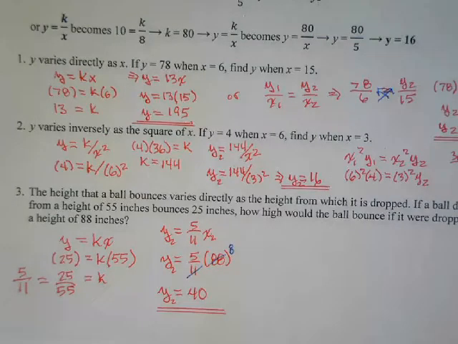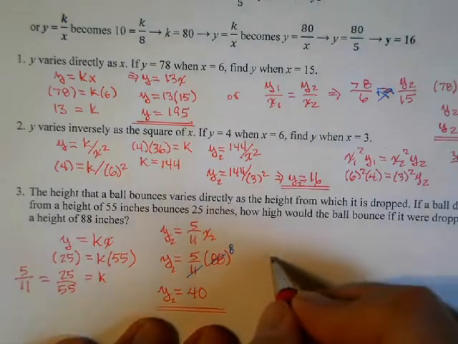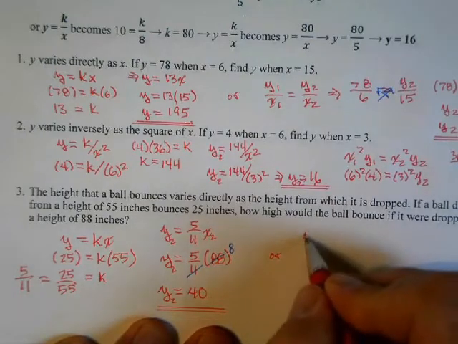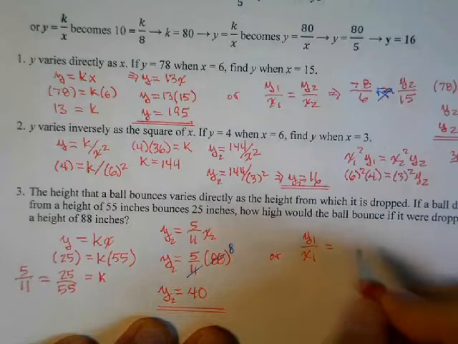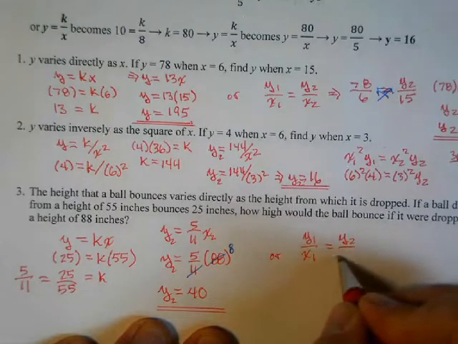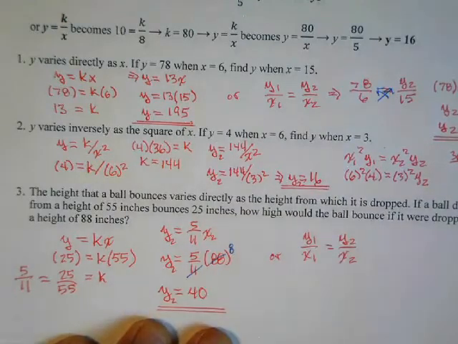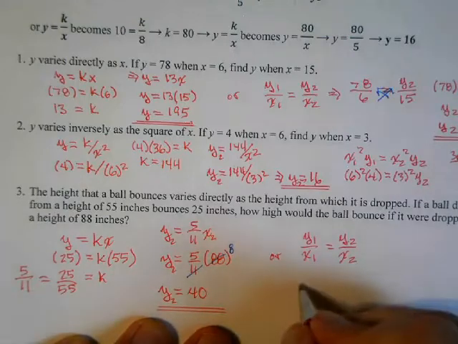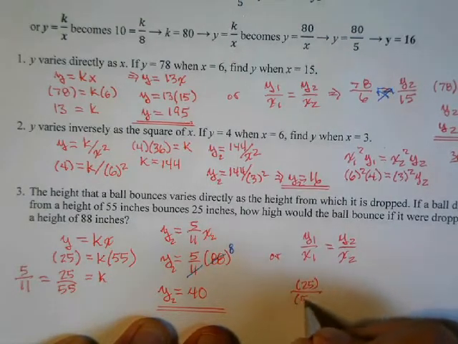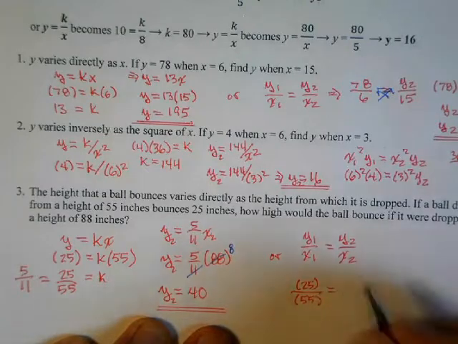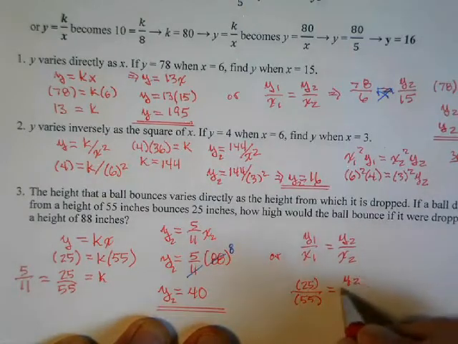And then, as before, if I'm doing direct, I can set it up as a before or after. So here 25 over 55 has to equal y2 over 88.